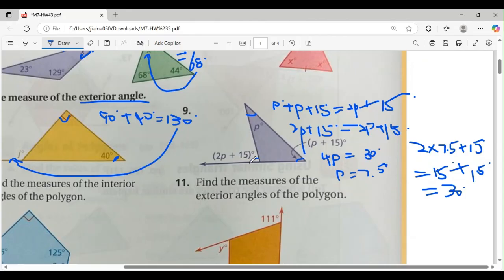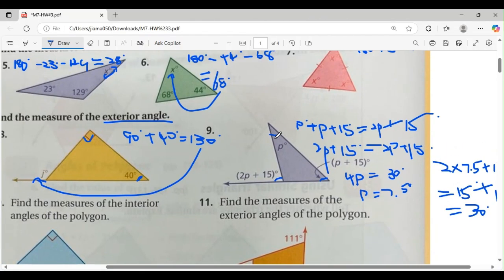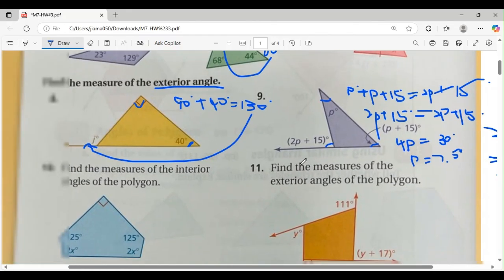So our exterior angle of number 9 is 30 degrees.